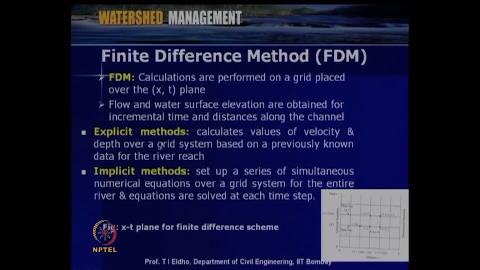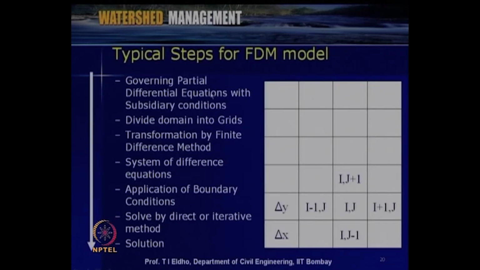That is why it is called an explicit method. And in the implicit method, we set up a series of simultaneous numerical equations over a grid system for the entire stream or river, and equations are solved at each time step. So, that way the methodology will be stable and you will get a better solution. That is the so-called implicit method.